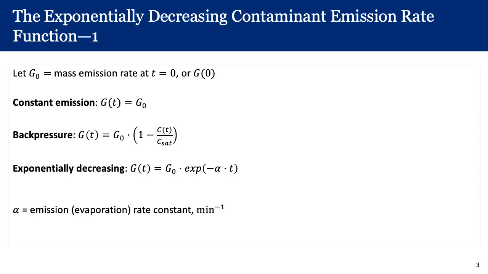What is of greater interest is the third variation, the exponentially decreasing emission rate, where G of t is equal to G0 times e to the power minus alpha times t, where alpha is the emission rate constant or evaporation rate constant, with units of inverse minutes.